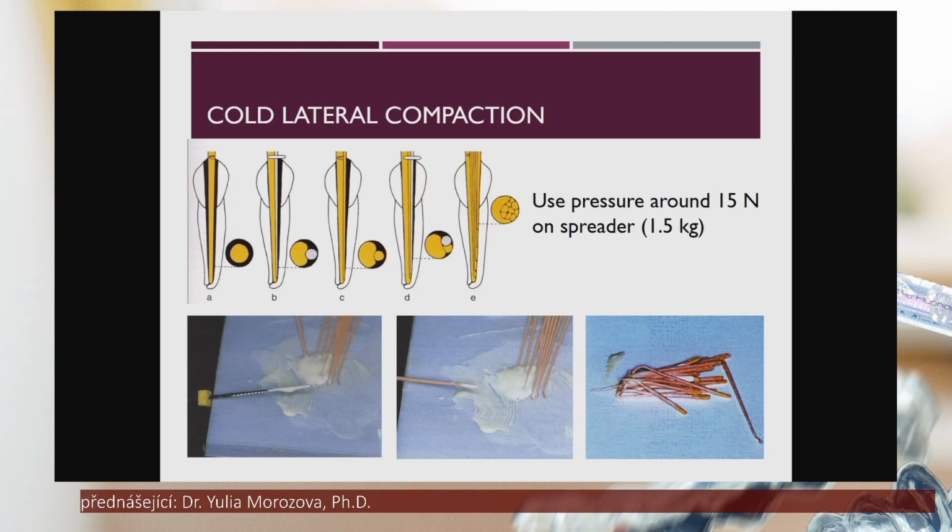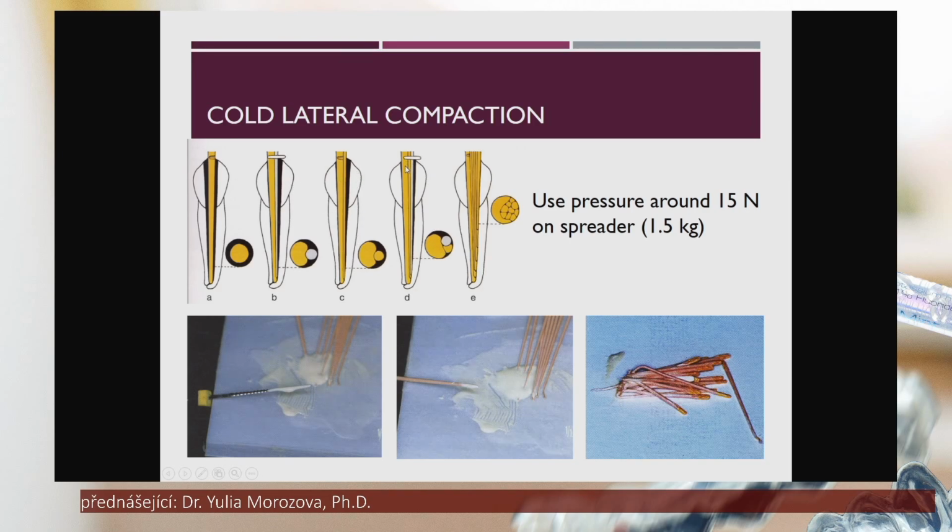Then we put the auxiliary gutta percha cone, and in this case we put just the tip of this cone onto the sealer and put it into the space that is created after the removal of the spreader.